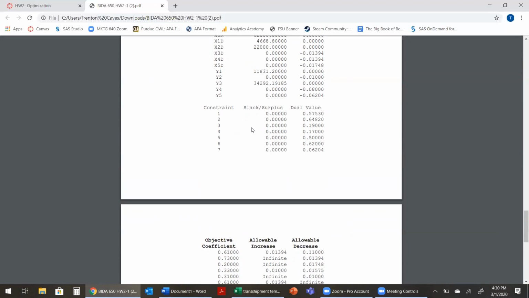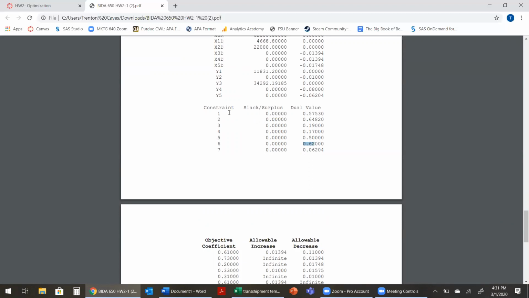So an increase in demand for fabric 5 by 1 unit would give us 6 cents extra profit, but an increase in demand for fabric 4 would have an increase in 62 cents profit. So fabric 4 is our most profitable based on demand. Which is constraint 6. Correct. Thank you.